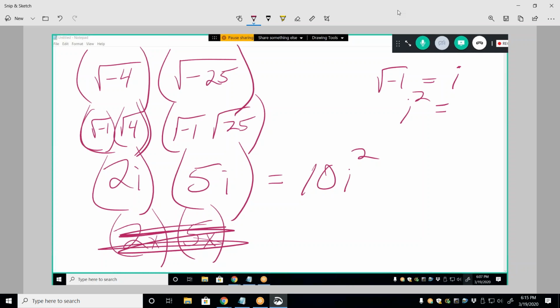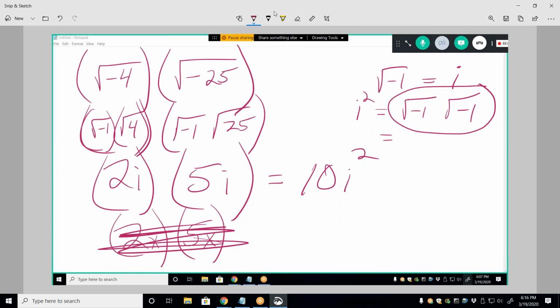Let me do it. i squared is going to be the square root of -1 times the square root of -1. What is that? It's like the square root of x times the square root of x, which is just x.